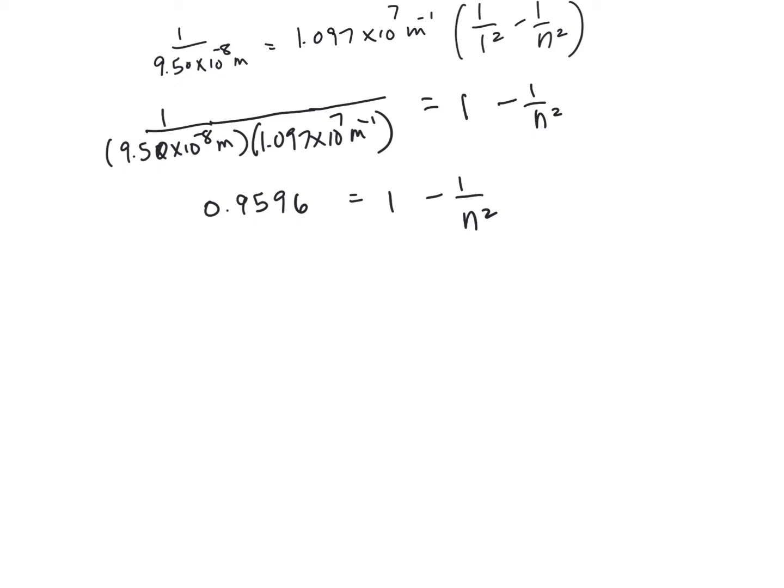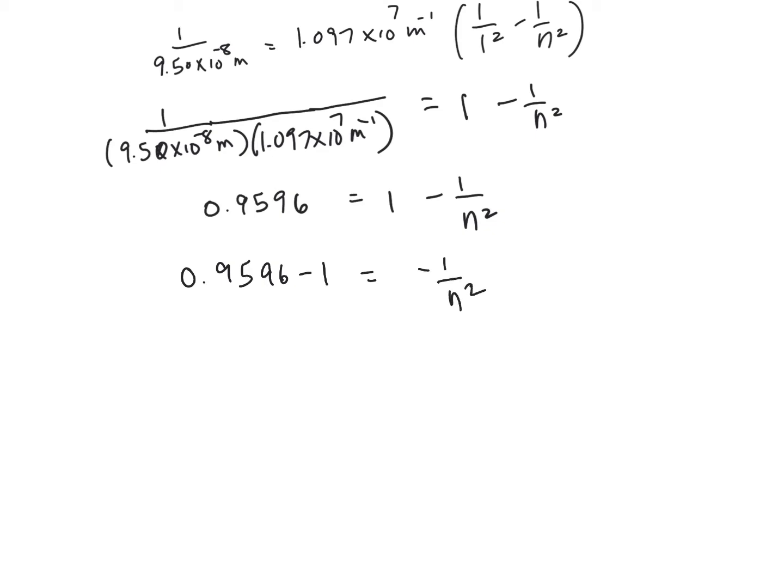On the right-hand side, 1 minus 1 is 0, so that goes away. So it's minus 1 on both sides. On the left-hand side, it'll be 0.9596 minus 1, which is equal to negative 1 over n squared.